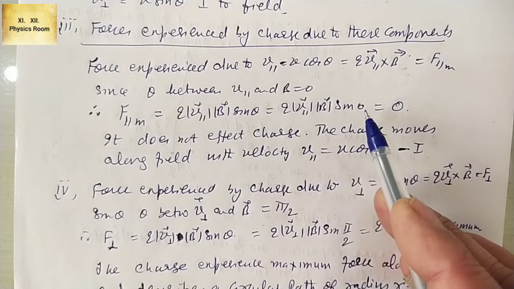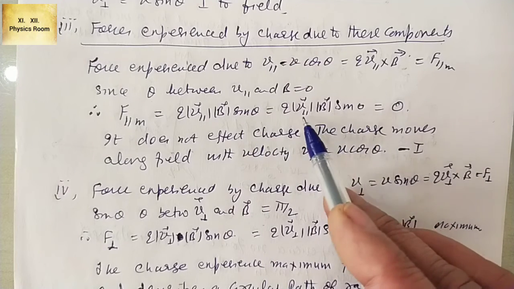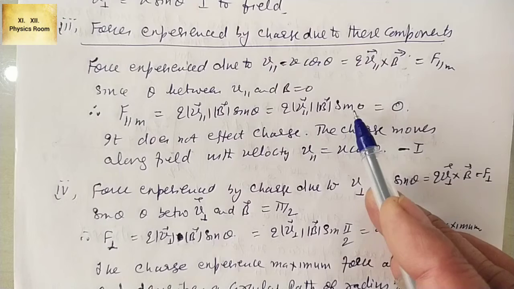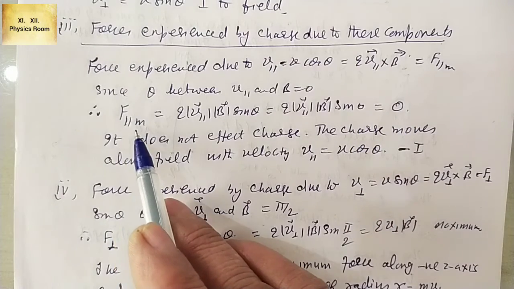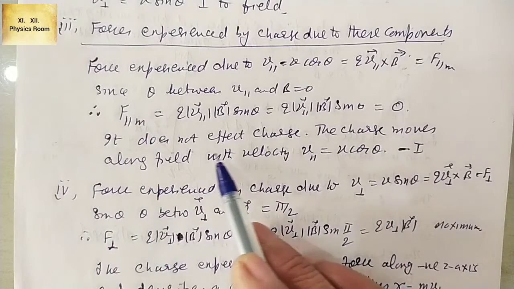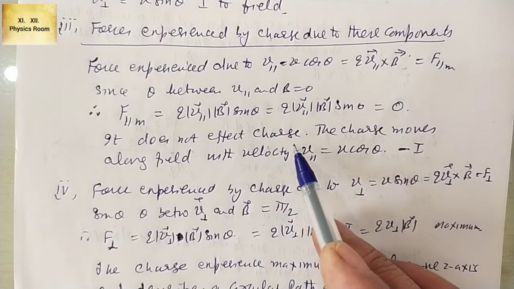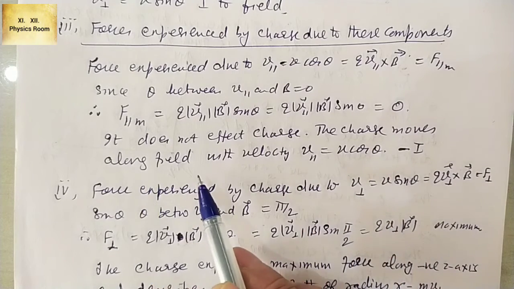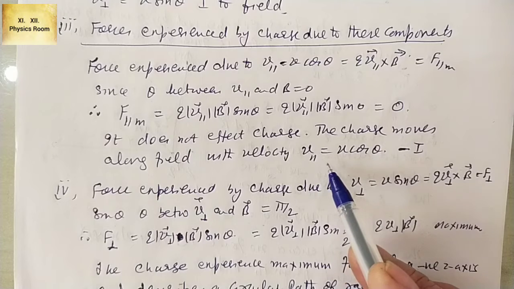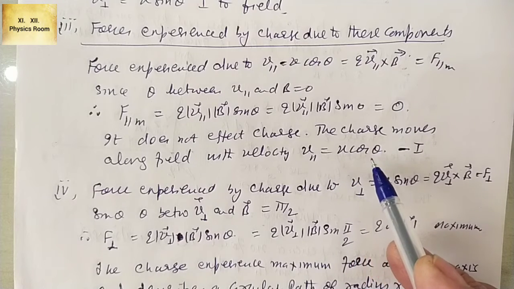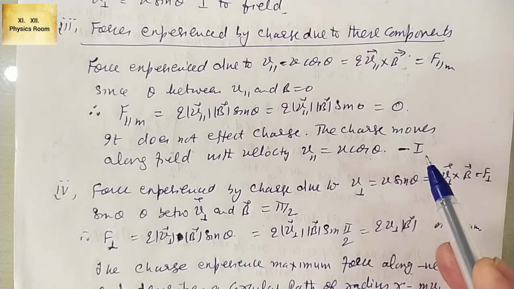Since theta is 0, sin 0 is 0. So F parallel M is 0. So it does not affect the charge. The charge moves along the field with velocity V parallel equal to V cos theta. Let us mark it as equation 1.